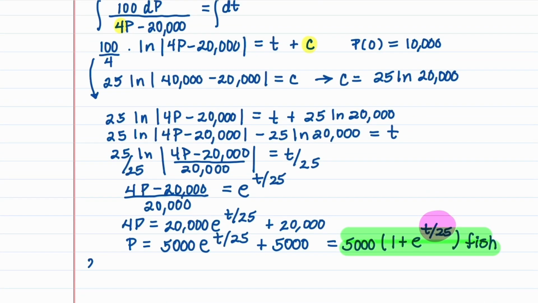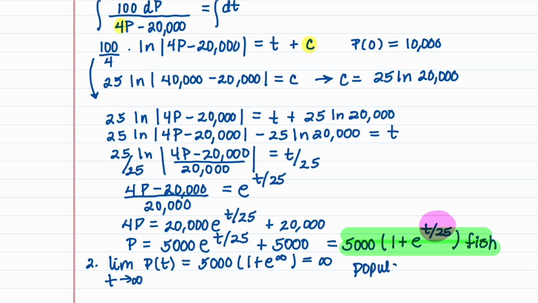We can write that as the limit as t goes to infinity of P of t is equal to 5,000 times 1 plus e to the infinity, and that is equal to infinity. So we can say that our population grows exponentially.